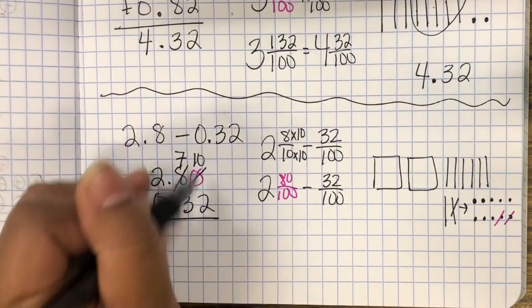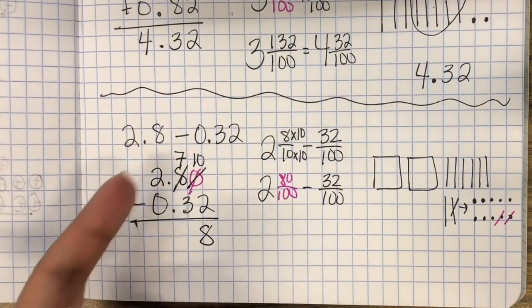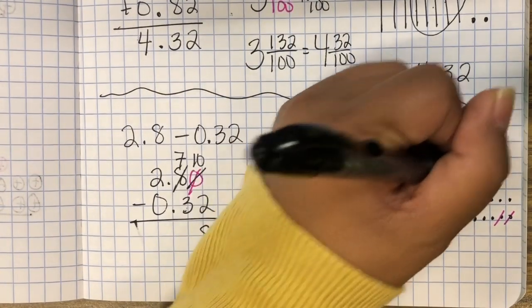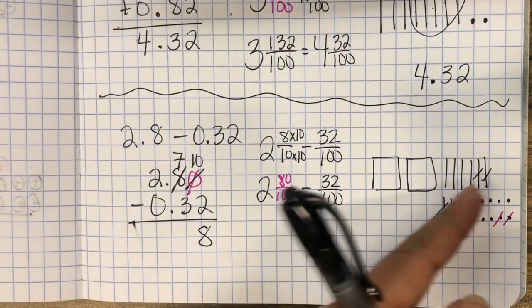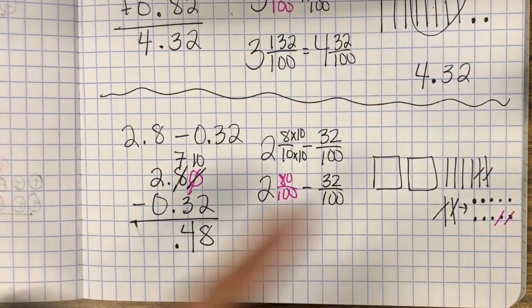So now we can do 10 minus 2 is 8, showing 8 hundredths. For here, we have 7 minus 3. We can take away 3/10, so 1, 2, 3, leaving 4 tenths. And then 2 wholes.